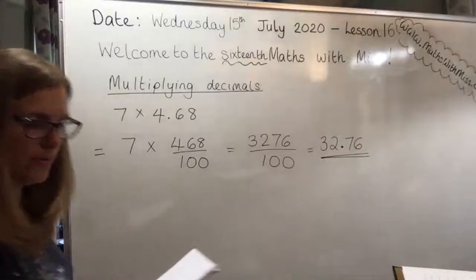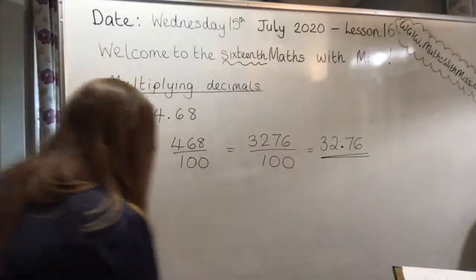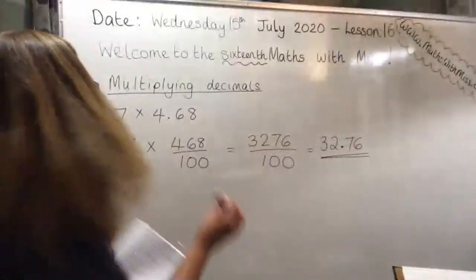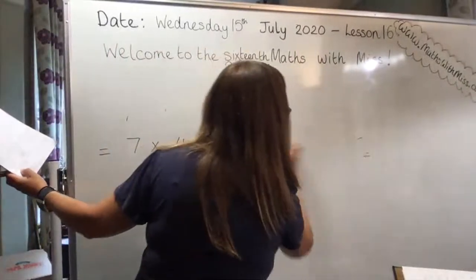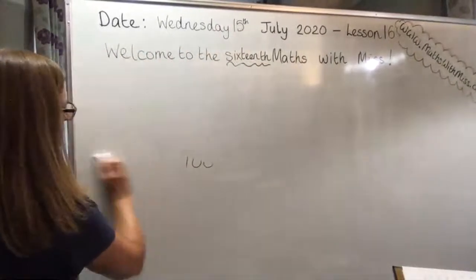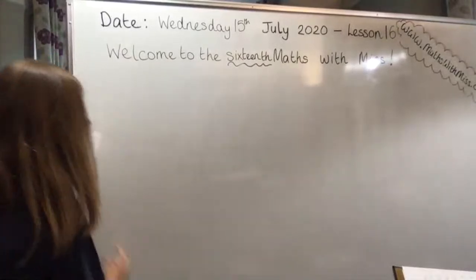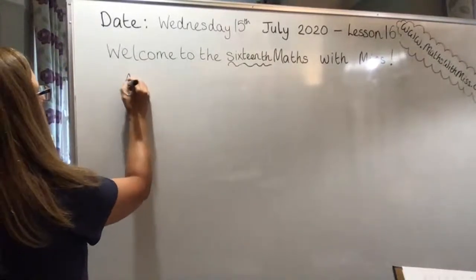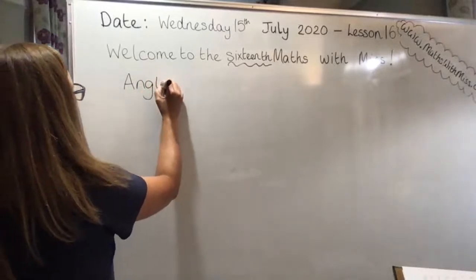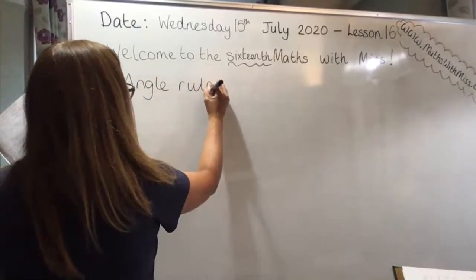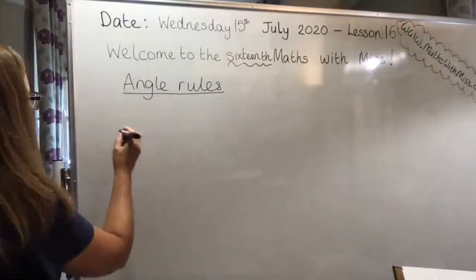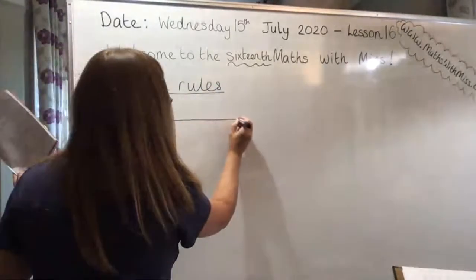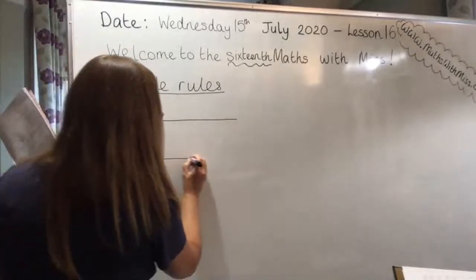Let's move on. The next one I wanted to look at was that angle rule. We've done a couple of angle rules so far. We've got another one to do today. Okay, so we've got angle rules. We had 2 parallel lines.